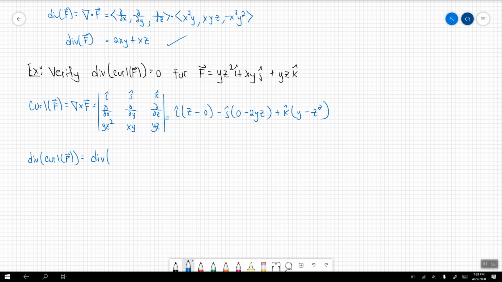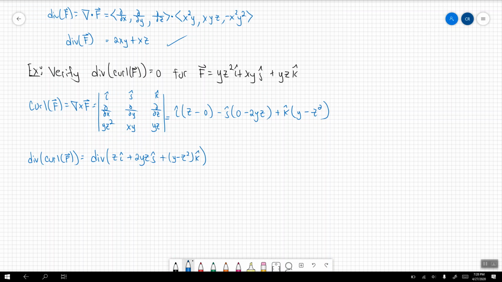So I'm going to put this in this specific component. This is going to be z in the i component. The next one's going to be plus 2yz in the j component, and the last one is plus y minus z squared in the k component. Perfect.